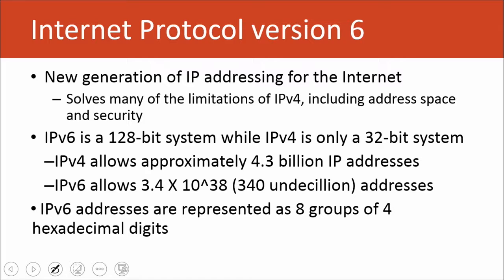It solves a lot of the limitations with IPv4. The difference between the two is that IPv6 is 128 bits, while IPv4 is 32 bits. And so IPv4 is approximately just 4.3 billion IP addresses. That's the result of 32 bits, whereas 128 bits results in 340 undecillion addresses.